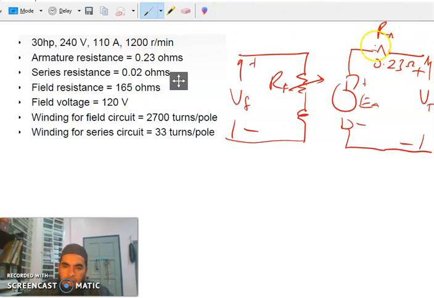A series resistance means the resistance of the wire itself, after the terminal voltage, the resistance of your wires before it goes to your armature resistance, which is the resistance of your coil in the stator part.